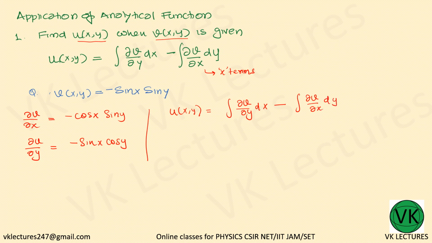Now this term ∂v/∂x is minus cos x into sin y, so it contains an x term, so this term is 0. You will only remain with the first term, that is integral of ∂v/∂y, which is minus sin x into cos y, into dx.